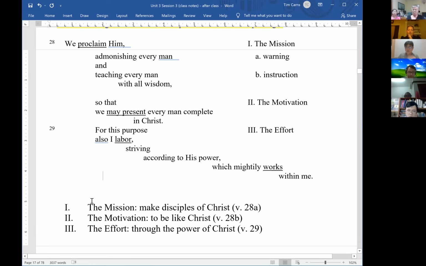All right. Any questions on that, or any other ideas that you guys would have for this one? Do you see how I made the connection between the outline points to the diagram? All right.